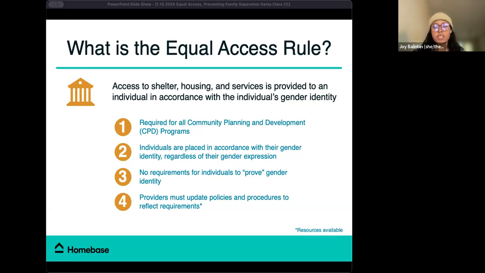So this rule is really meant to protect individuals with different identities, and it's meant to ensure that individuals are placed in housing in accordance with their gender identity.